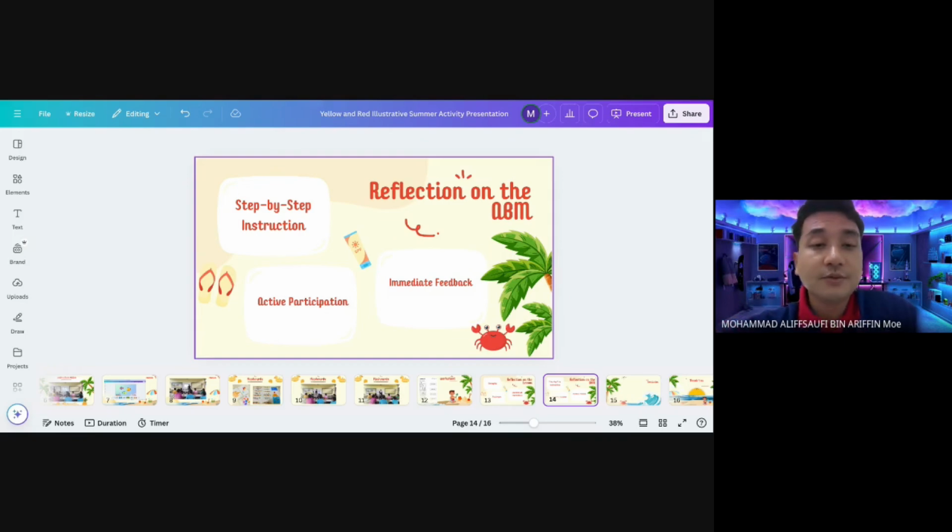Okay, the first one will be limited peer interaction. So the focus on individual tasks meant fewer opportunities for students to collaborate and learn from each other. This was a missed opportunity to foster teamwork and enhance social skills.